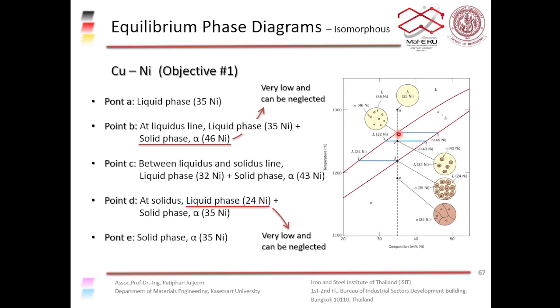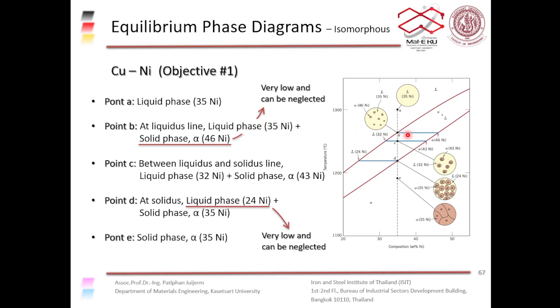And if we draw a tie line, this blue line here is called a tie line. A tie line is a line parallel to the x-axis, and it will intercept with phase boundaries. In this case, it intercepts with the liquidus line and solidus line. When it intercepts with the liquidus line, it gives you the composition of the liquid phase.